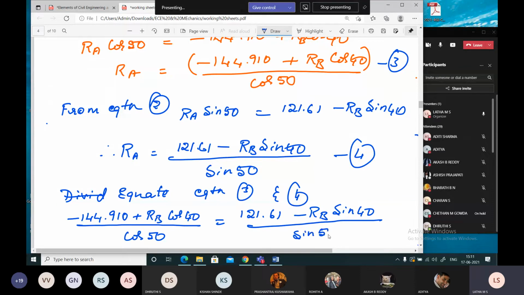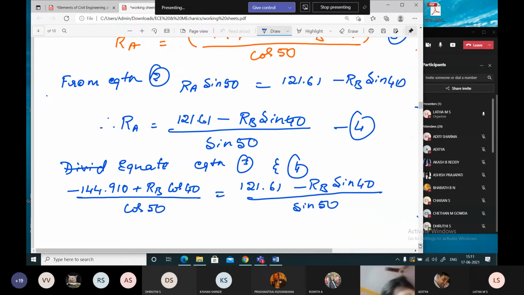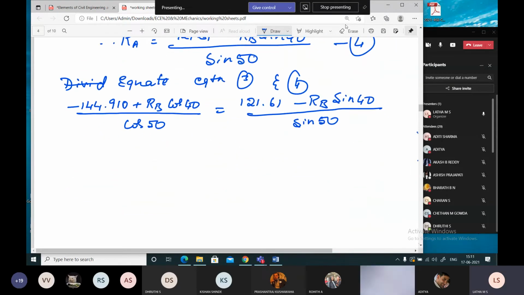Are you writing, students? Now after equating, what should we do?